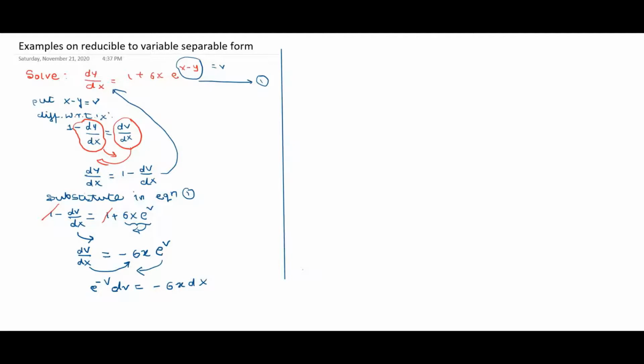Now on integrating, we get integration of e raised to minus v into dv is equal to integration of minus 6x into dx plus integrating constant c.